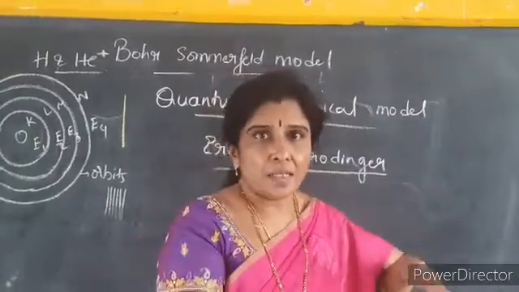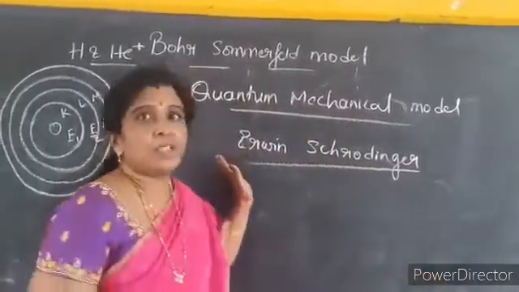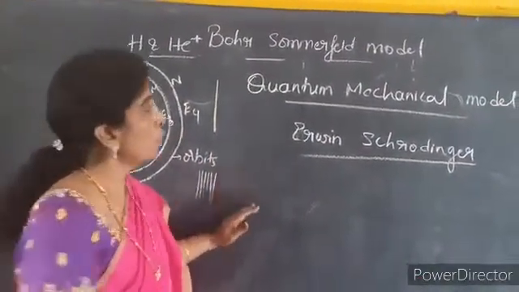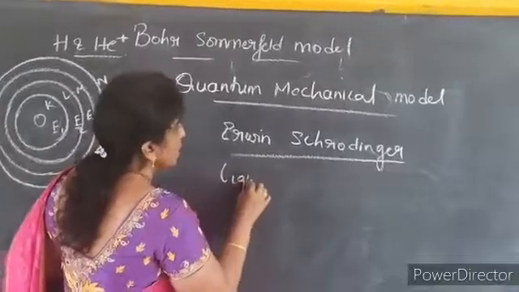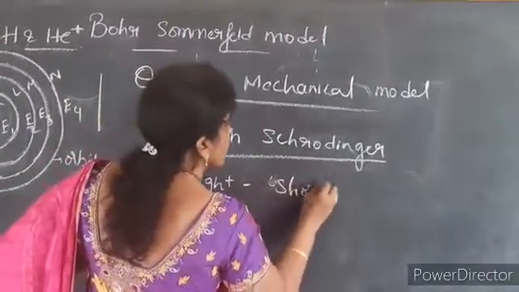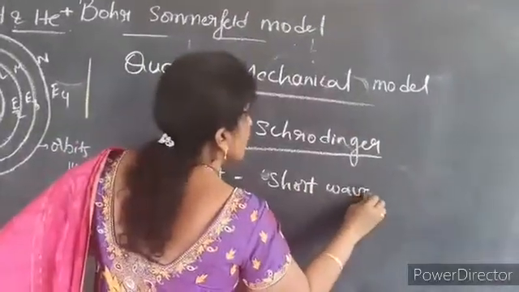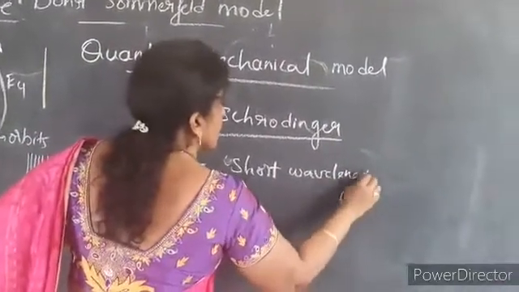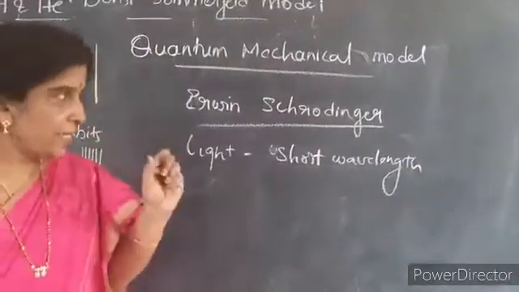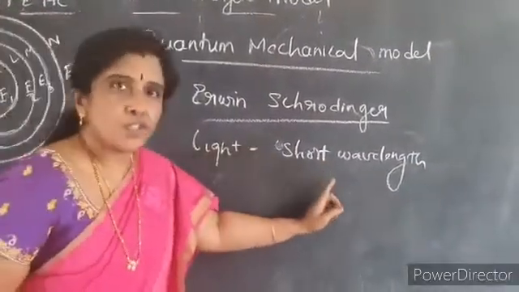Similarly, here to find out the position of the electron in an atom, we have to use light, but with very short wavelength. Because the electron is very tiny, we need to use the light with short wavelength.